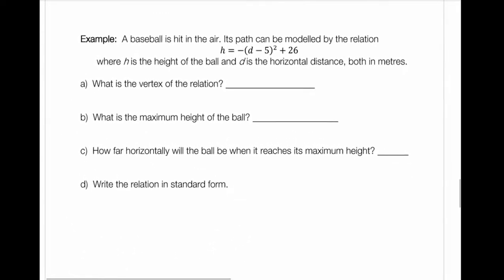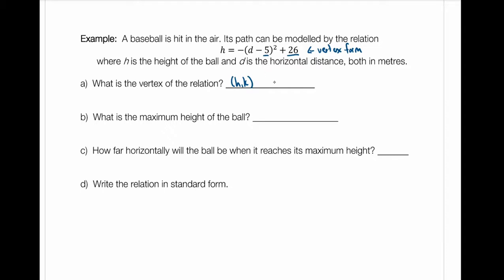In this case, because we're given vertex form, if you want to write that down just to remember, in vertex form our vertex is h and k. So the h and k values in our equation are the one that's in the bracket and the one that's outside. Remember, when it's inside the bracket, we take the opposite of what we see.